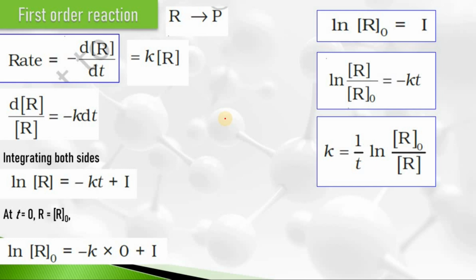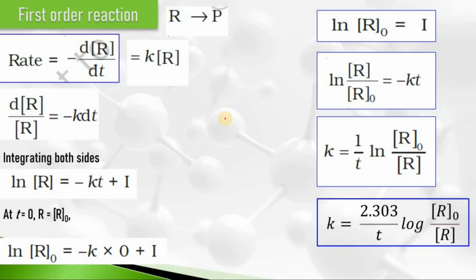The last thing we have to do here is converting log from natural base to base 10. For this, we multiply the log term with 2.303. Once we multiply, we get K is equal to 2.303 upon t into log of concentration of reactant at time 0, that is initial concentration of reactant, upon concentration of reactant at time t. This is the integrated rate equation for first order reaction.